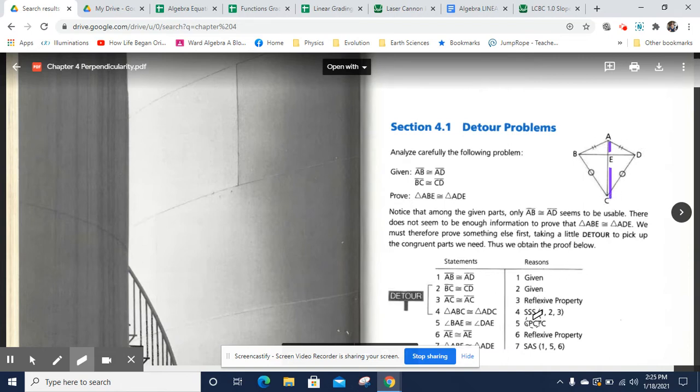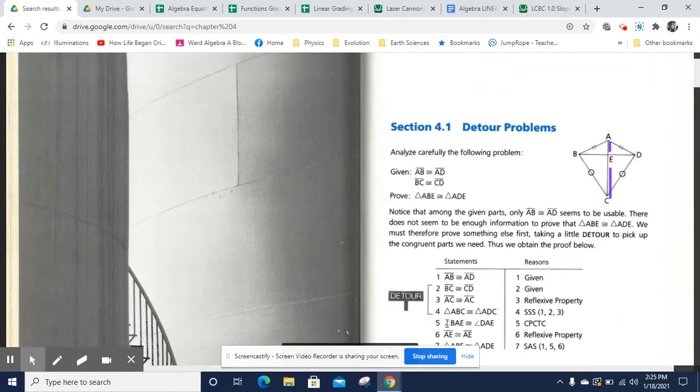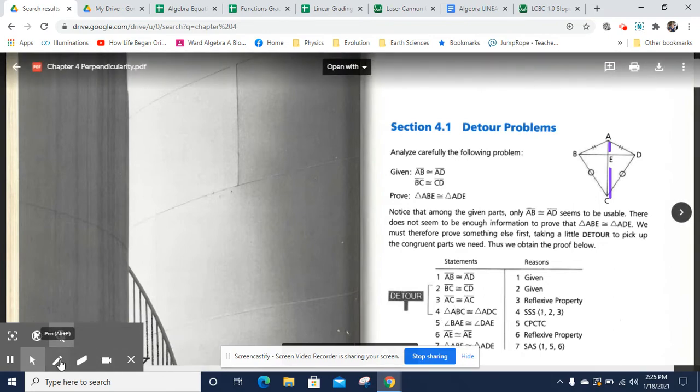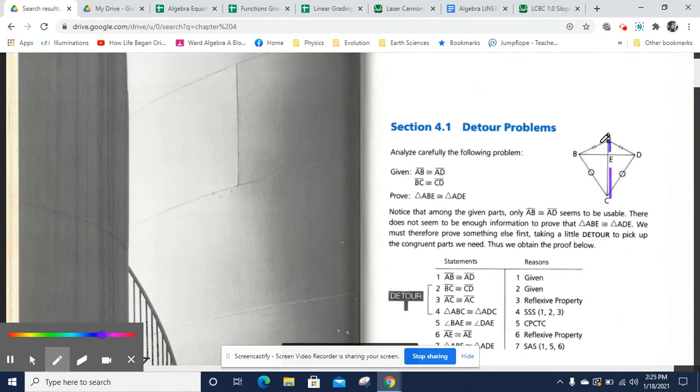And there it is, side, side, side. So we got the givens, we got AC is congruent to itself by reflexive property, and therefore ABC and ADC are congruent by side, side, side. And then because of that, by CPCTC, we can now prove that this angle here and this angle here are congruent. I drew that really big, but hopefully you can see what that does for us.